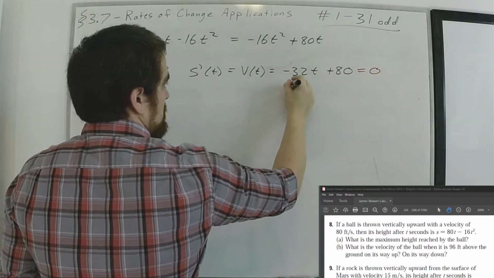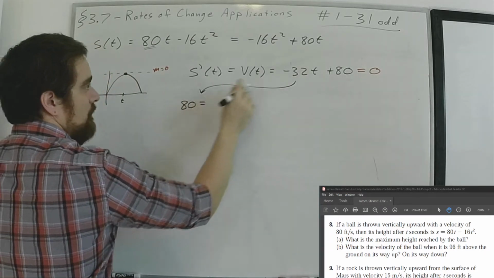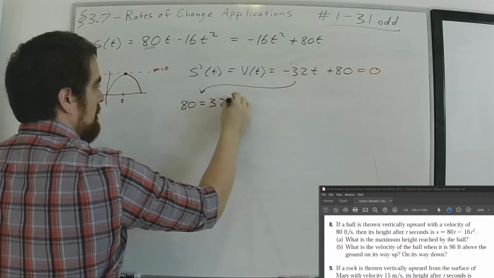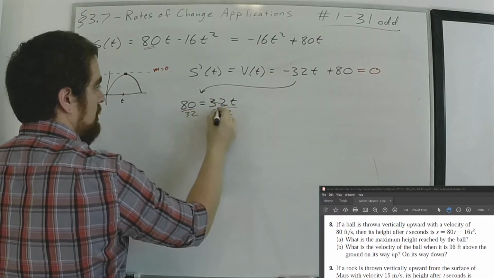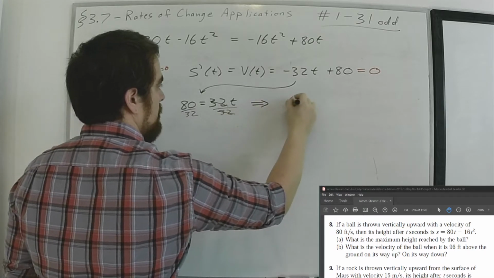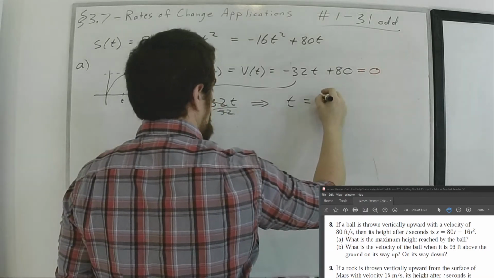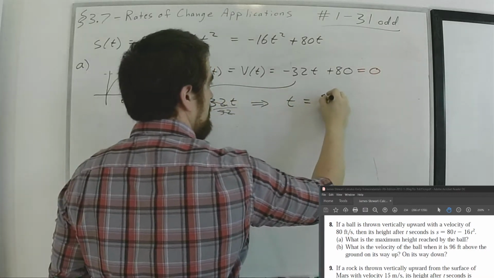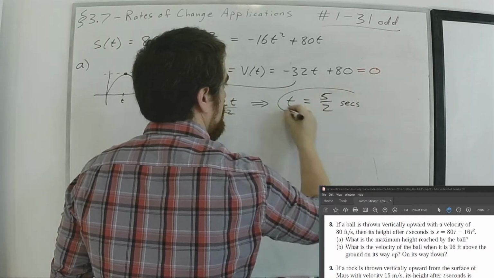So what that means is I've got 80 equal, I'm just going to add the 32t on both sides to make it look like this, and we'll divide by 32. And this will tell me that t equals 5 halves if I reduce that, right? 10 over 4, yeah, 5 halves. And t is in seconds. You can write that.